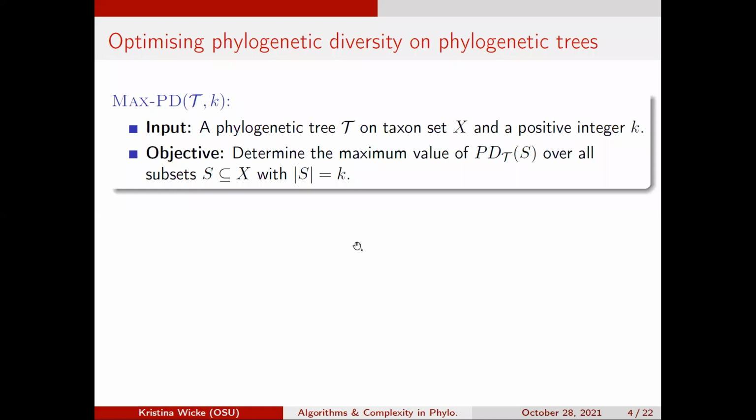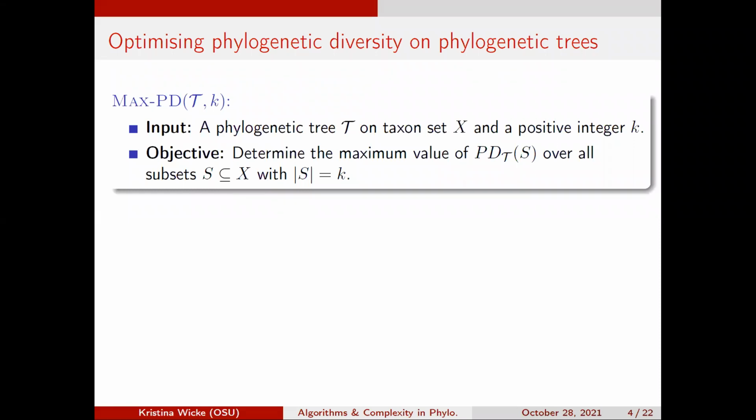And this leads to the following optimization problem. Given a phylogenetic tree T on taxon set X and a positive integer K, the aim is to find the best subset of K species that maximizes the value of PD. Or in this problem, as I'm phrasing it, we are trying to determine the maximum value of PD of S over all subsets of X with cardinality K.